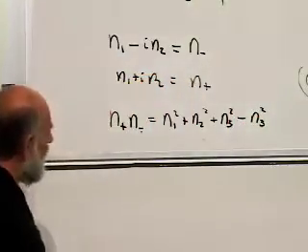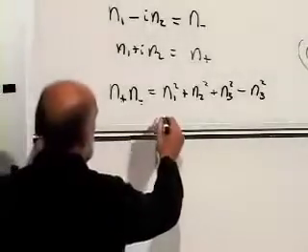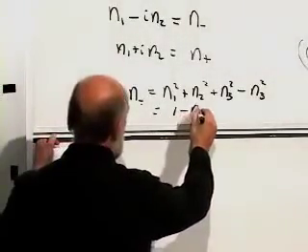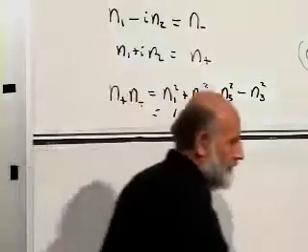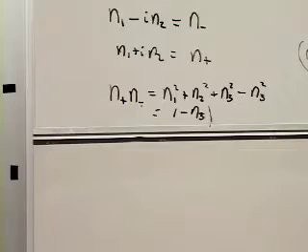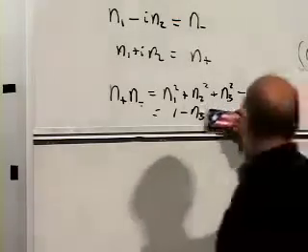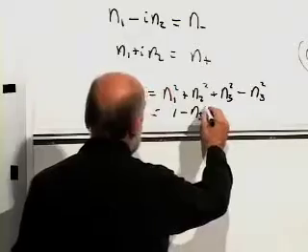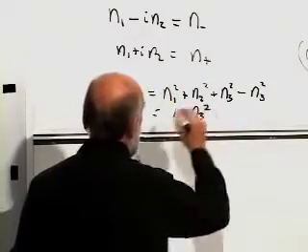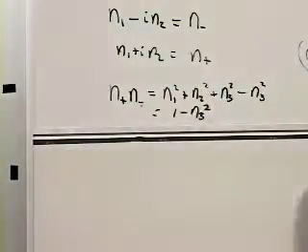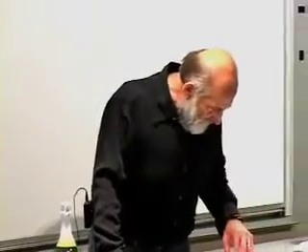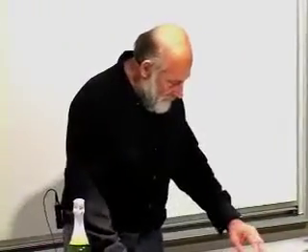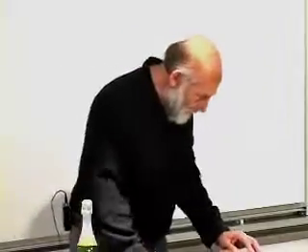I haven't changed it. And now I see that n plus n minus is equal to 1 minus n3 squared. I don't want to square the whole thing, I only want to square the n3. That's a useful little algebraic fact that if you do the homework, which I'm going to assign for you, you will use over and over again. But it's not anything deep, it's just a little algebraic fact.